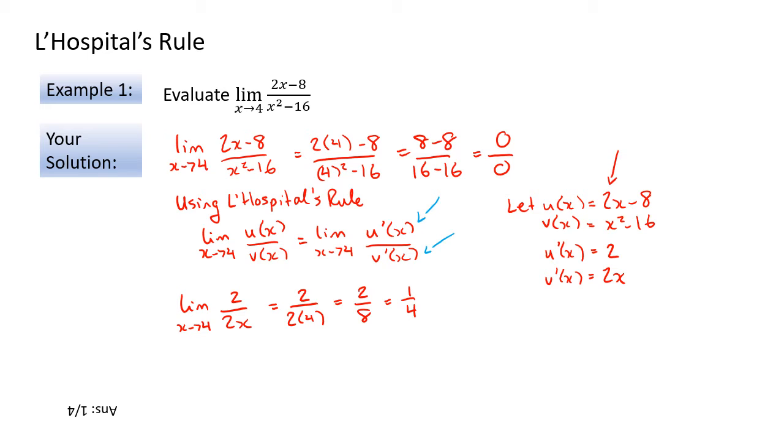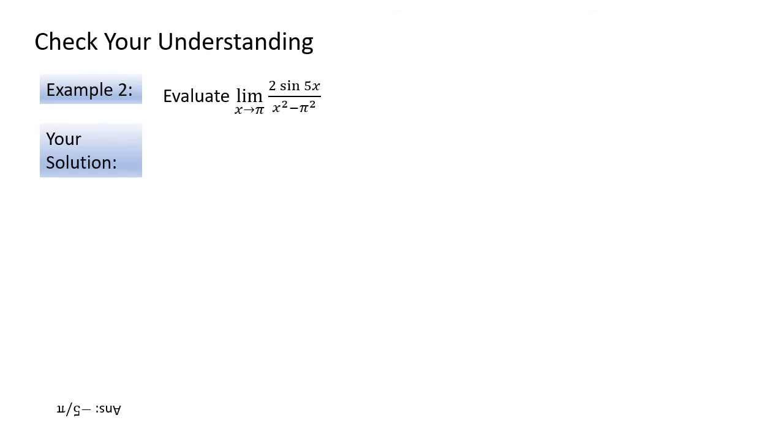It's so simple because taking these derivatives is just fundamentals that we've already learned, and it allows you to solve what is seemingly a complex limit. Okay, so this was example 1. Let's look at a few more examples.